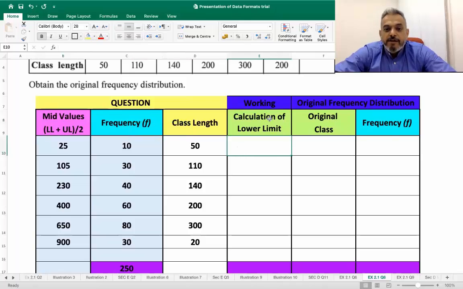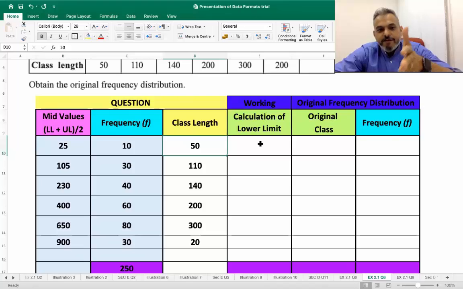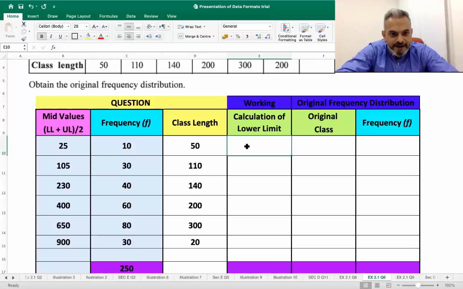Very simple. First we calculate the lower limit, because class length तो हमारे पास है ही. So once we get the lower limit, the upper limit will automatically be obtained. So let's find the lower limit.